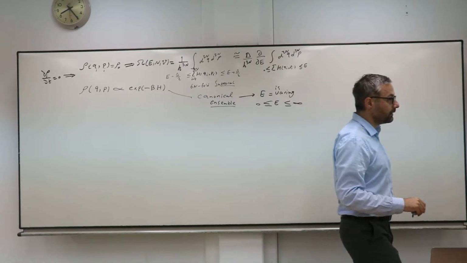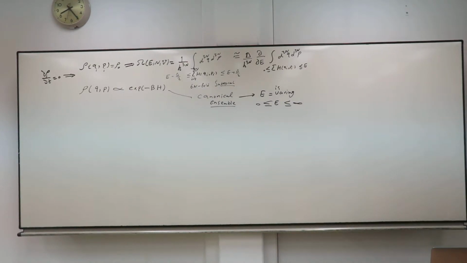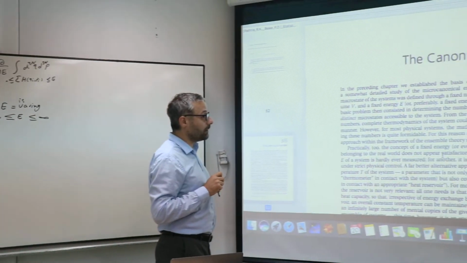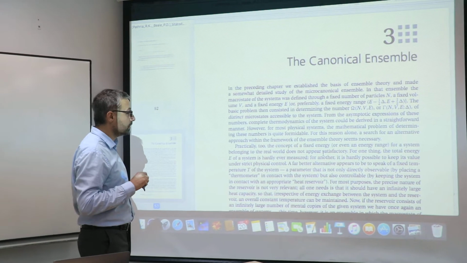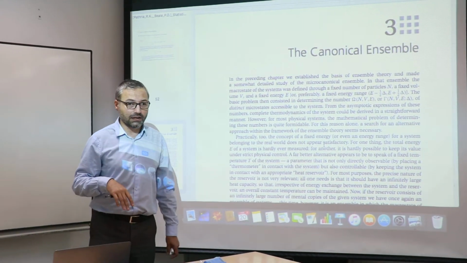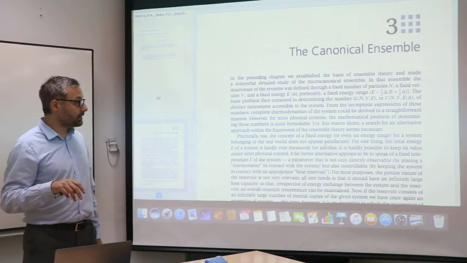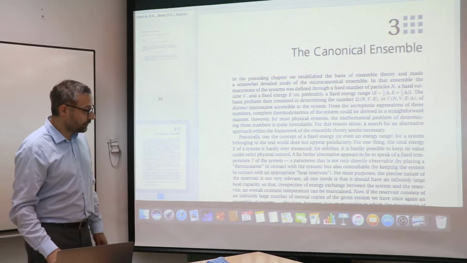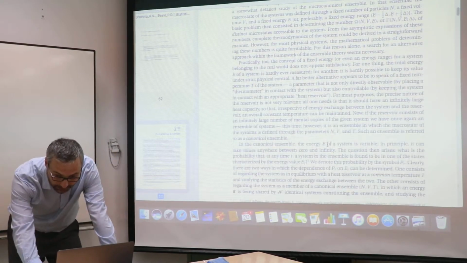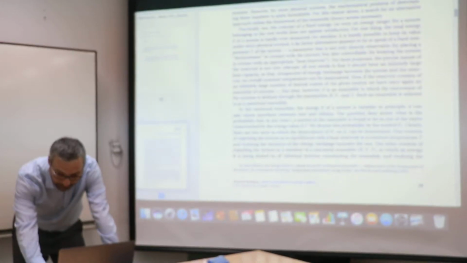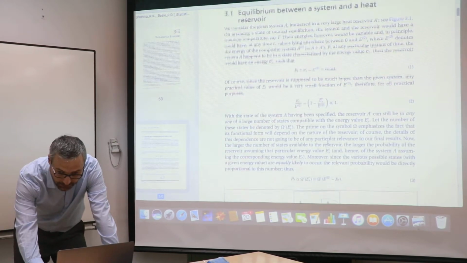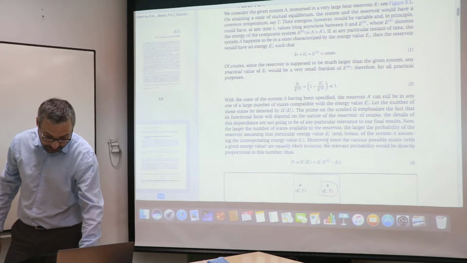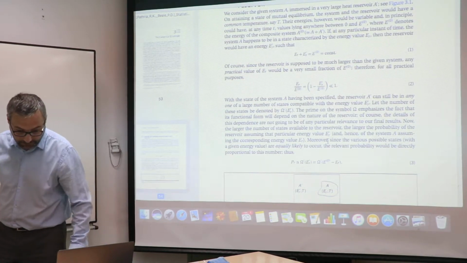But as you see here, in the microcanonical, the macrostates are given by the number of particles, volume, and the fixed energy E. So in microcanonical, the energy is fixed for the system. But in the canonical, you have a probability of finding the different energy states of the system. So I want to start from here.